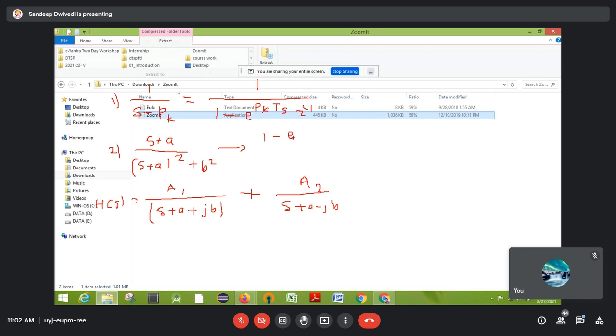Okay, so e raised to power minus aTs. What will a be in this question? Whatever a is, that will be your a. Okay, so Ts, if it is given, you need to take that value. If it is not given, simply write Ts, or you can take 1 second.